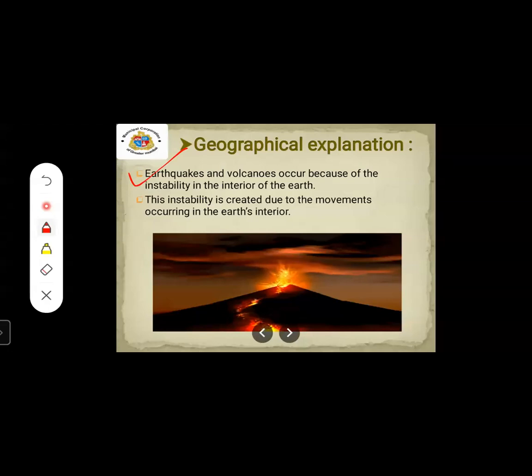There is no stability in the movement of the interior of the earth. This instability is created due to the movement occurring in the earth's interior. Yes. Because of this instability, we will see the movements occur.